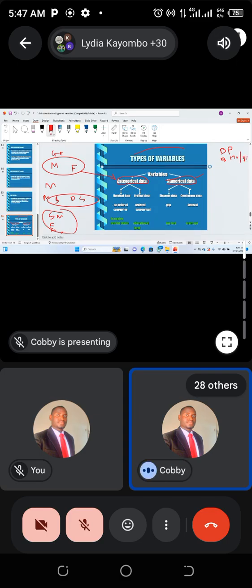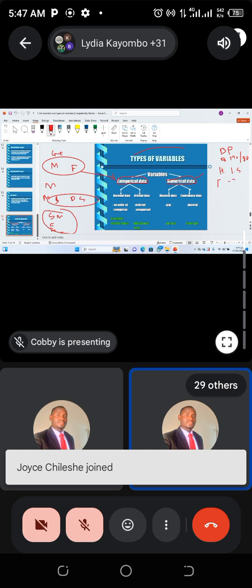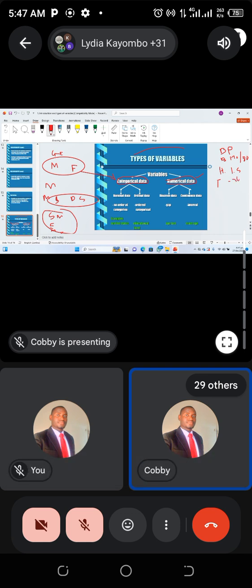We have height, which can be 1.5. What other numeric variables do we have? Temperature, which can be given maybe as 36.6.